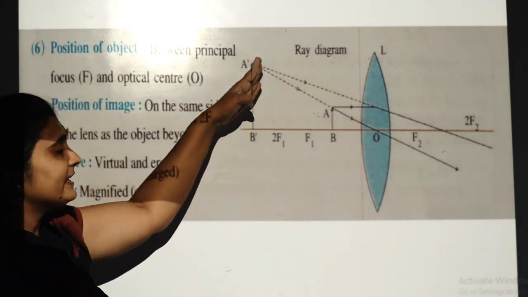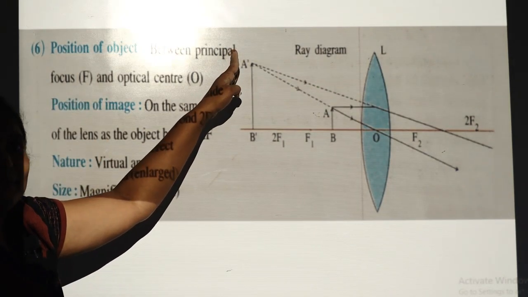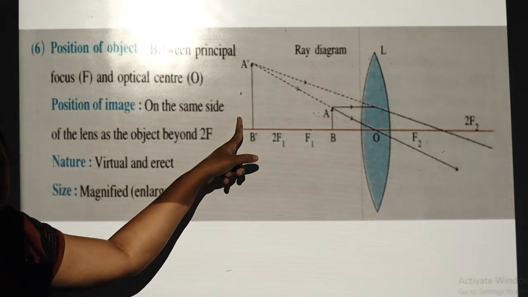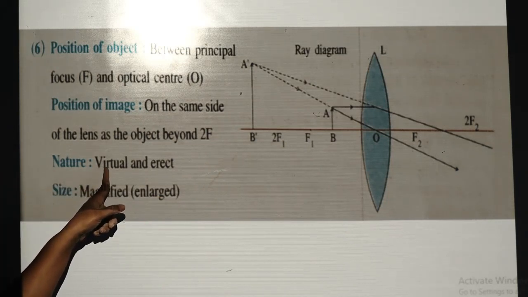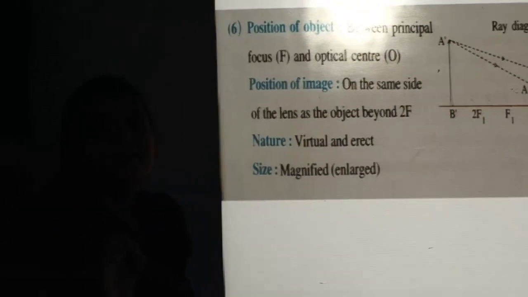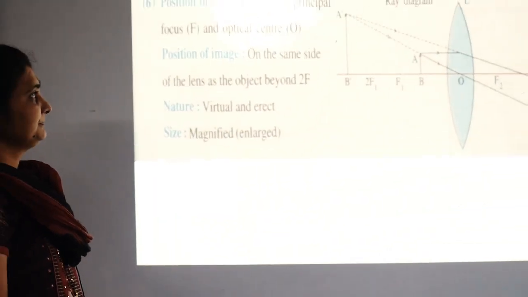Hence, we have to extend them backward. Where the rays meet, at that point we get the image. Image is enlarged, but it is virtual and erect. And what is the size? Magnified. Now, this is all about the convex lens, and the next two diagrams are for the concave lens.